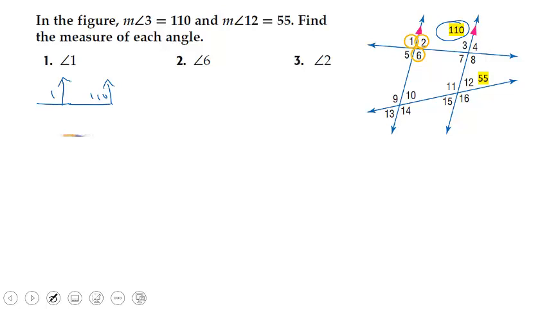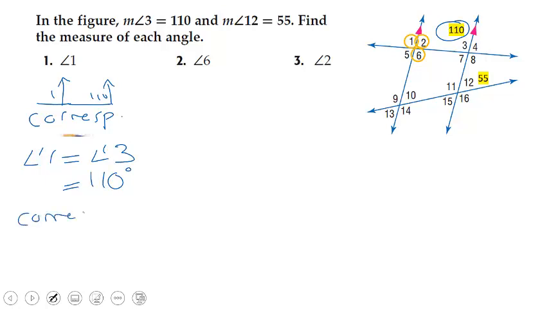Therefore, this image is corresponding angles. So I'm going to say angle 1 is equal to angle 3, which is equal to 110 degrees, because corresponding angles are equal to each other. And therefore angle 1 is 110 degrees as well.